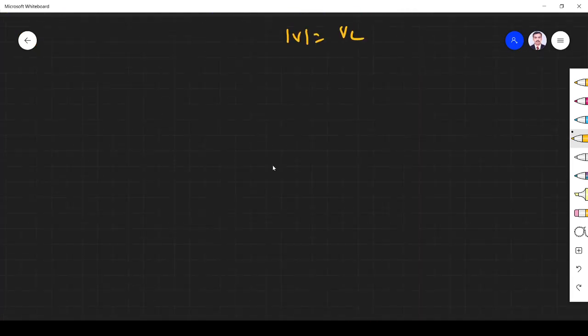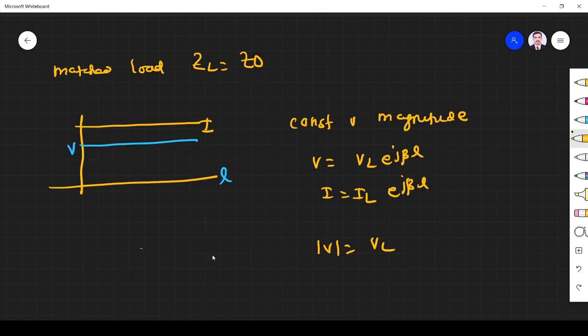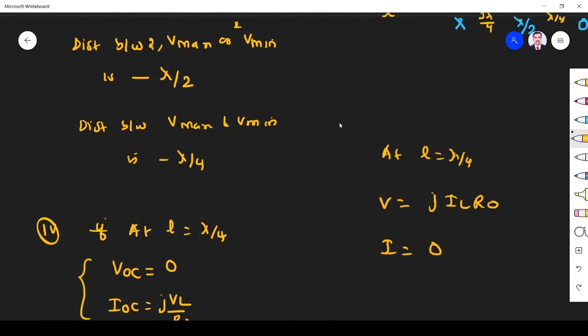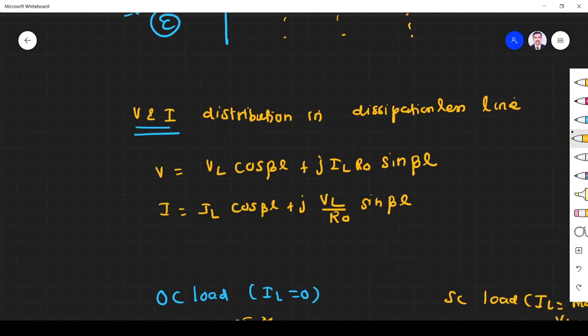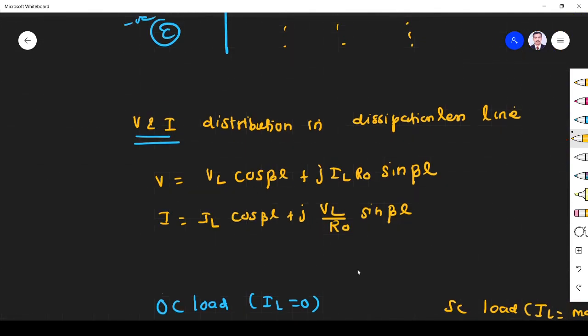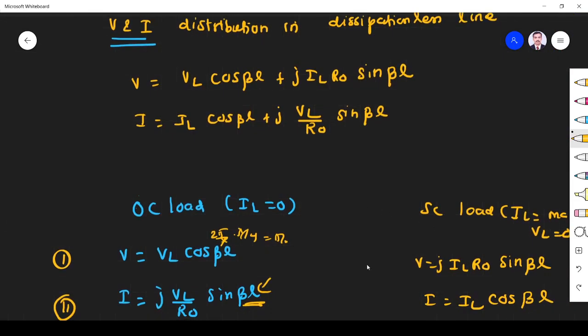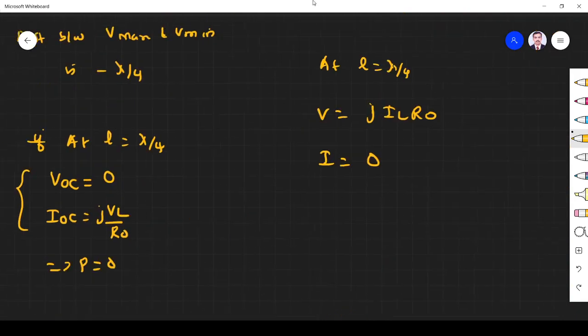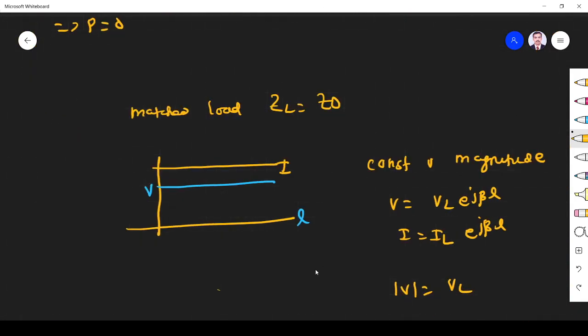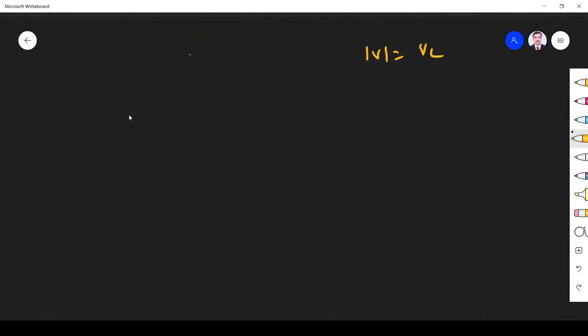Next, what we have to learn is, so far we studied the voltage and current distribution on a dissipationless line. These are all the conditions for the line with open circuit load and short circuit load. Now we will see the resistive load.